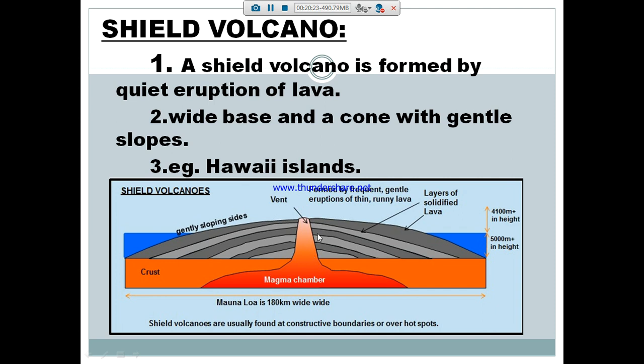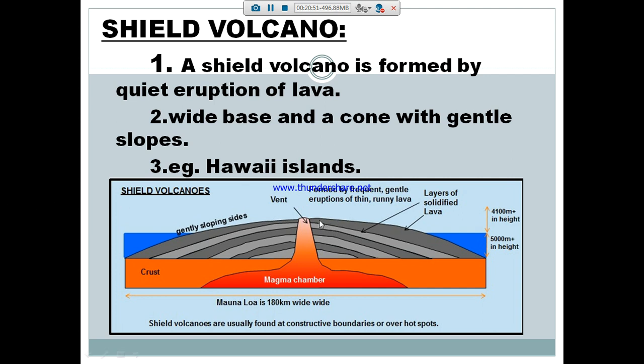Moreover, shield volcanoes are found in constructive boundaries or over hot spots. So it is called the shield volcano. It is the largest volcano, but it has only low pressure, and it takes a very long period between one eruption and another.